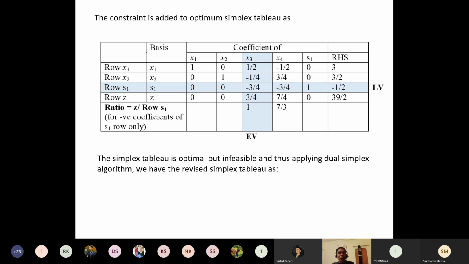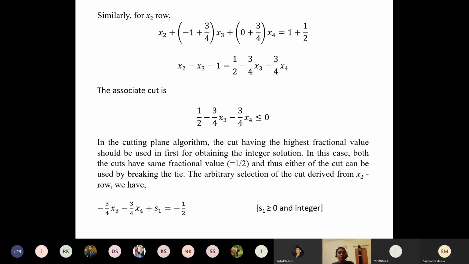In this s1 constraint, the coefficient of x1 is 0, the coefficient of x2 is 0, the coefficient of x3 is minus 3 by 4, the coefficient of x4 is minus 3 by 4, the coefficient of s1 is 1, and the right hand side value is minus 1 by 2.